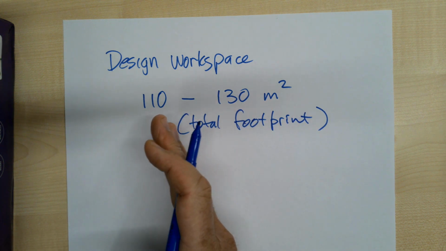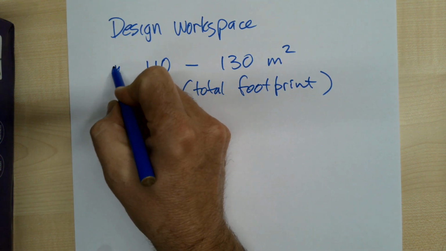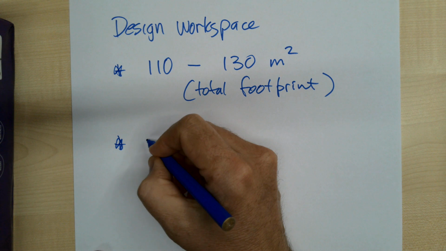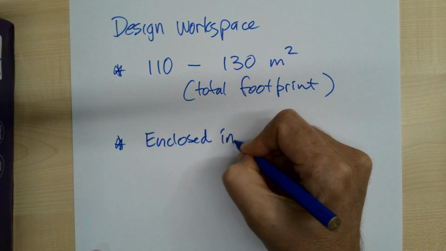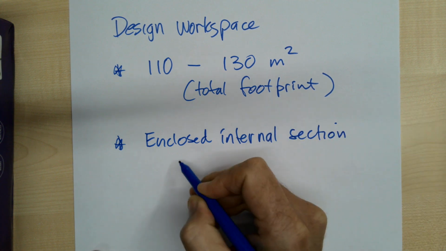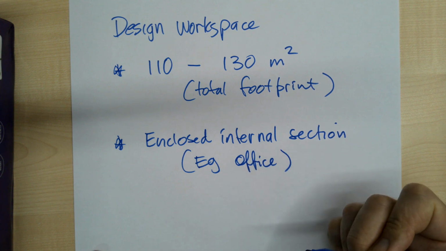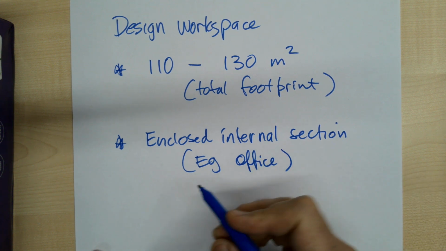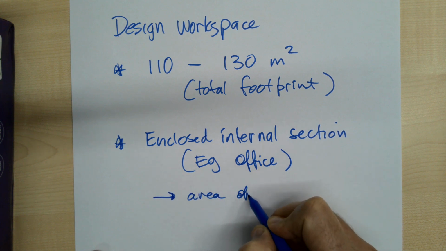It's got to be between 110 and 130. You also must have an enclosed internal section, e.g. an office, and you've got to find the area of this.